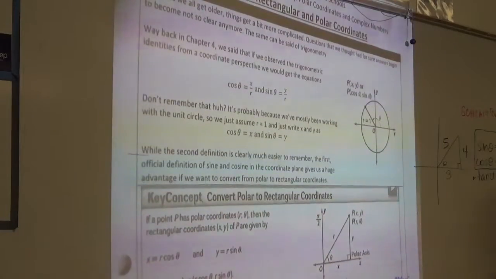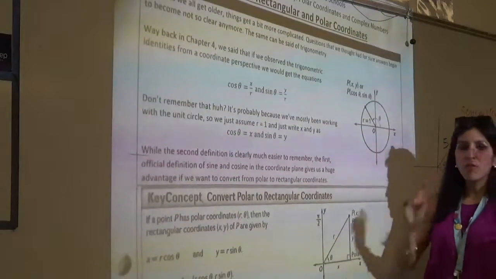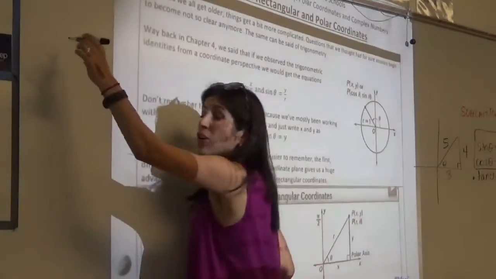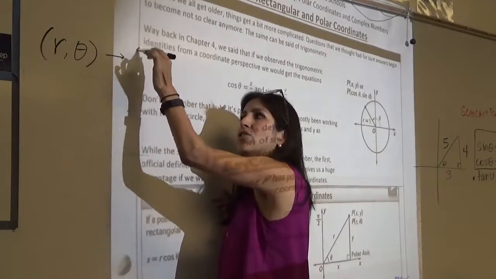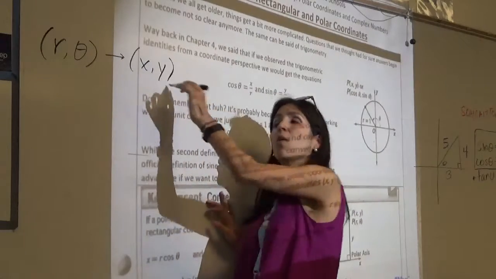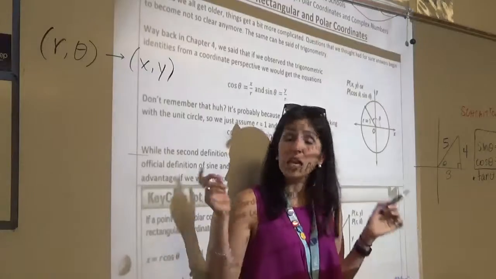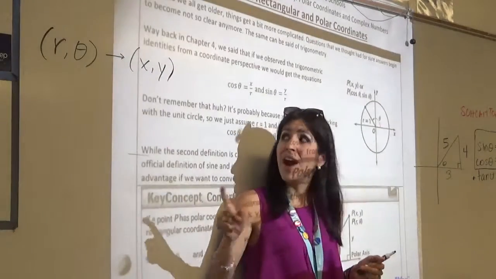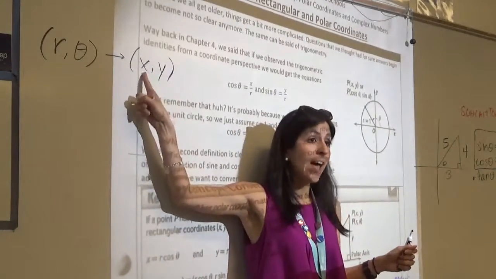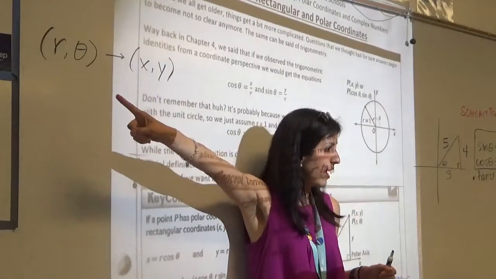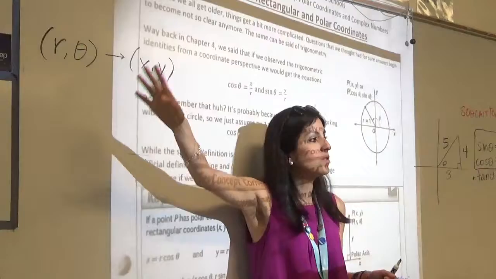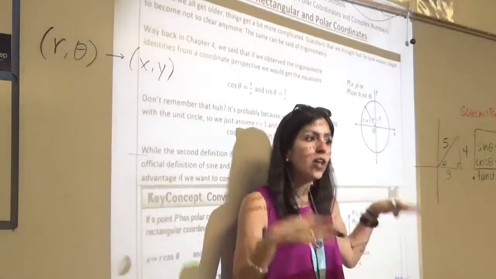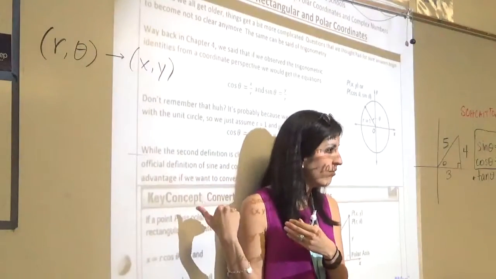So what we're trying to do, and there's a lot of words over here that I'm not really going to emphasize, but what our first major skill is going to ask us to do, is to take an r theta and change it to an x y, right? So what I want to do is try to find a definition of x in terms of r and theta, because I'll know what those are, and a definition of y in terms of r and theta that I can then evaluate, do some math on, and solve.